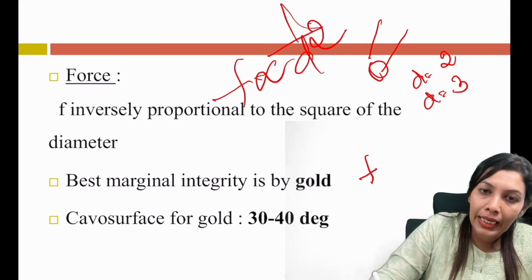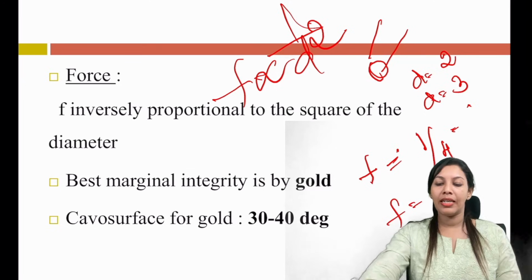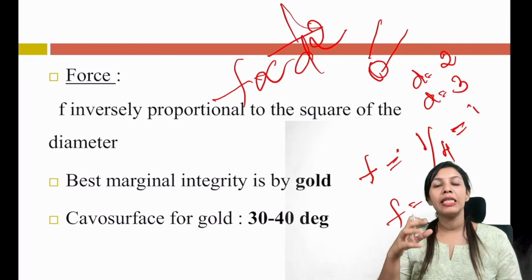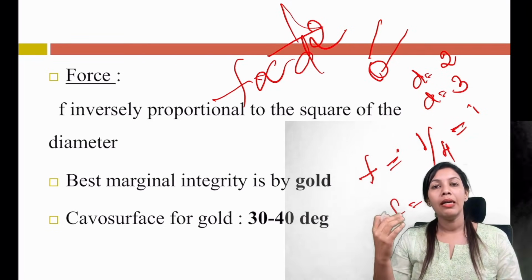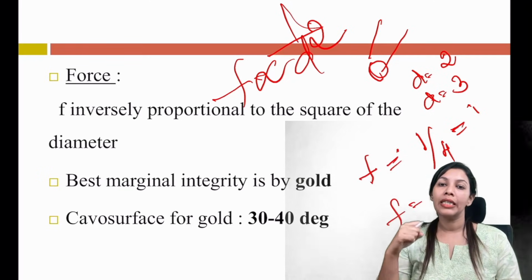Force is inversely proportional to the square of the diameter. 2 squared is 4, so it is 1 by 4, and for 3, it is 1 by 9. So the value here is more. Smaller the diameter means the force will be more, right? As the diameter of the condensers increases, the force decreases.